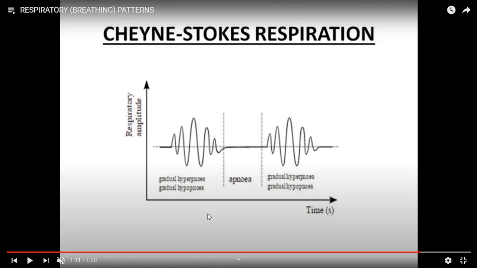So if you see that pattern, then you're dealing with a condition where there's maybe decreased oxygen going to the blood, like hypoxemia, reduced oxygen, or hypoperfusion to the brain, or certain drugs, or sleep.